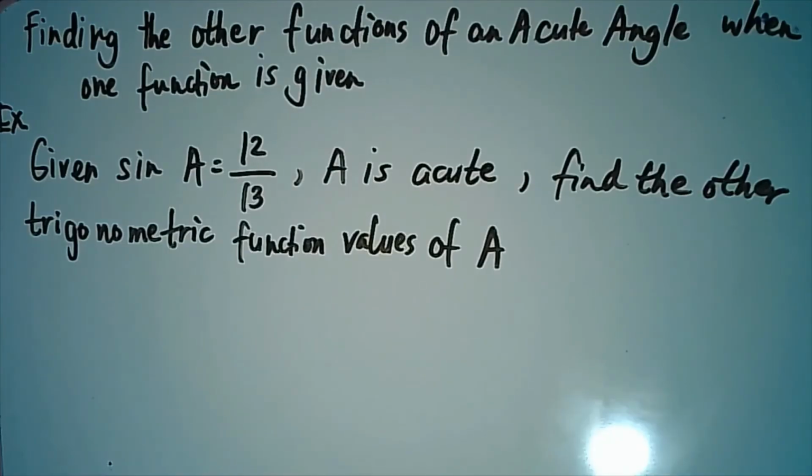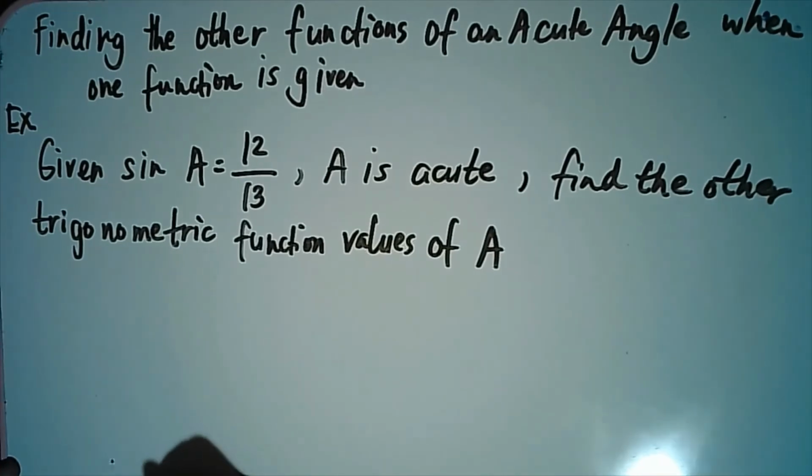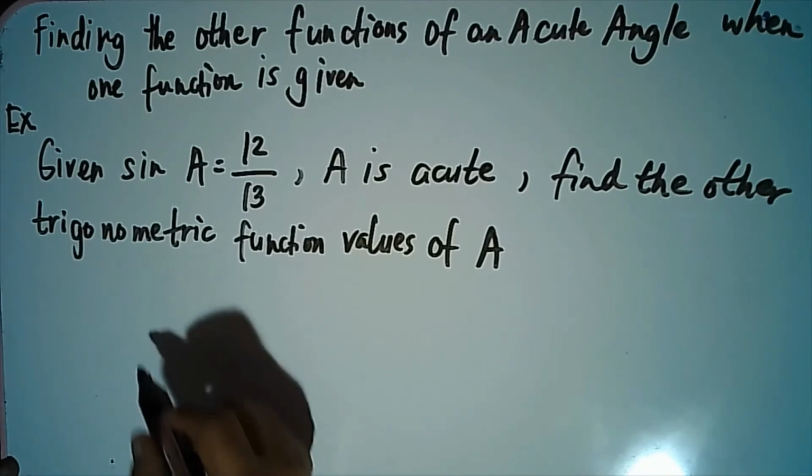Now let's find the other functions of an acute angle when one function is given. To easily determine or remember the trigonometric function formula of an angle, we use the mnemonic SOHCAHTOA.